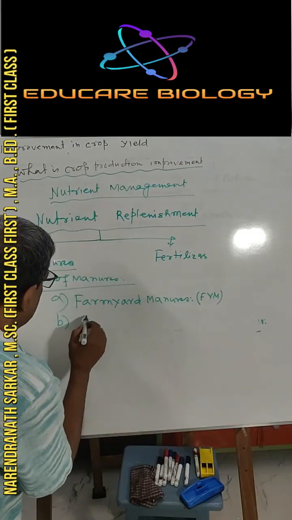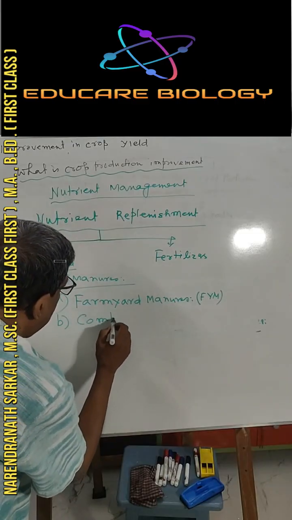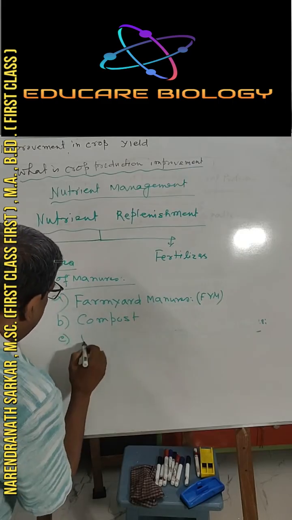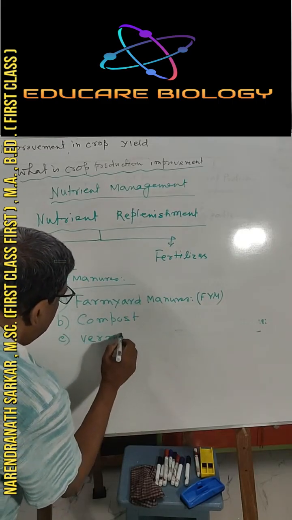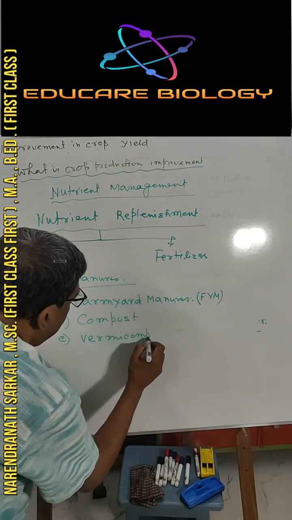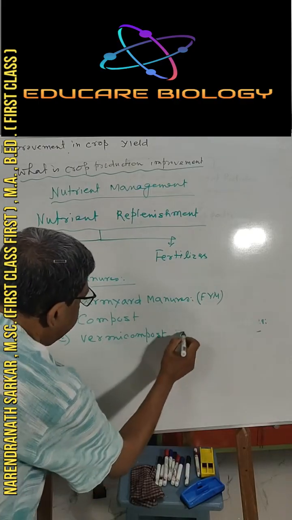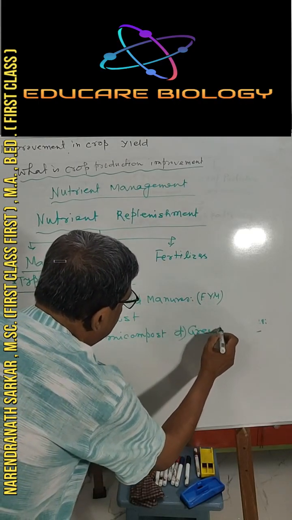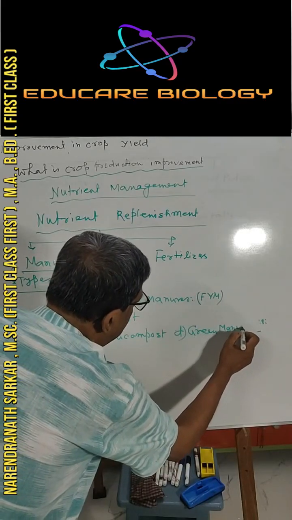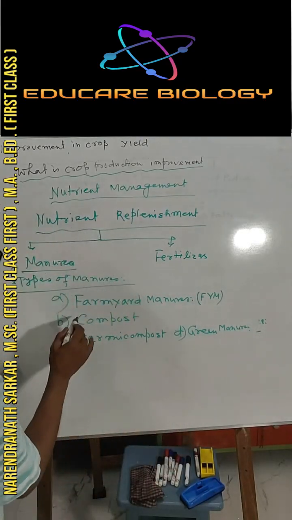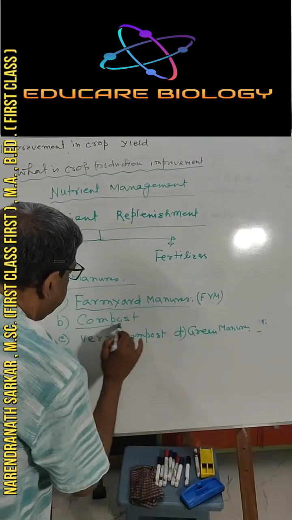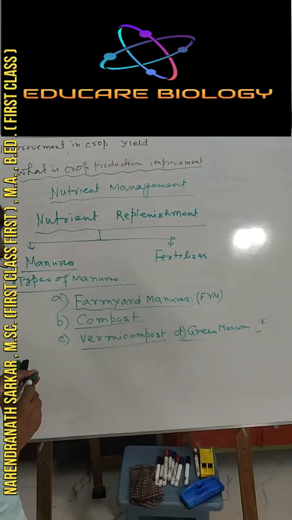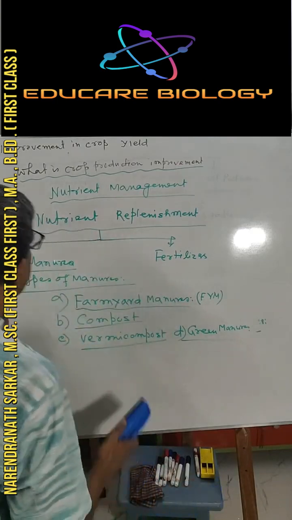Number B, compost. Number C, vermicompost. Number D, green manures. There are 4 types of manures. Of this, first of all, farm yard manure.